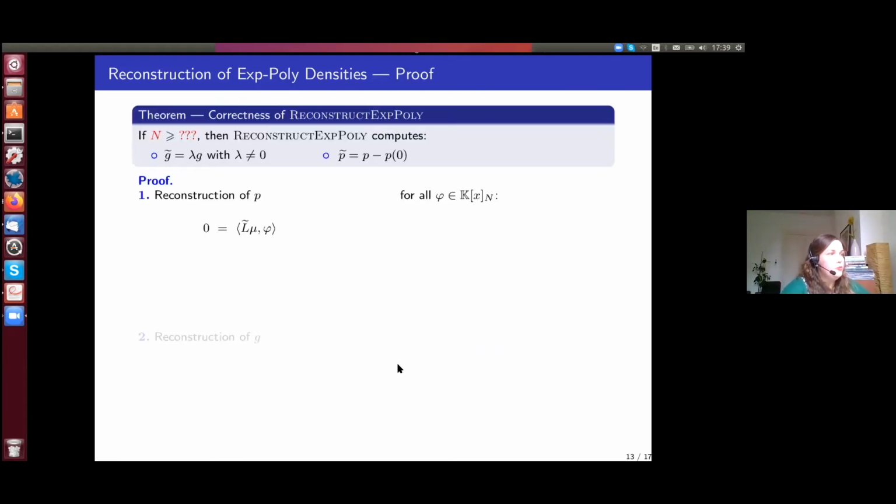we proceed first with the reconstruction of P. By solving the system, we know that this ansatz L tilde holds up to order n for any test function up to degree n. And we apply this Laplace identity, which is composed of two terms.